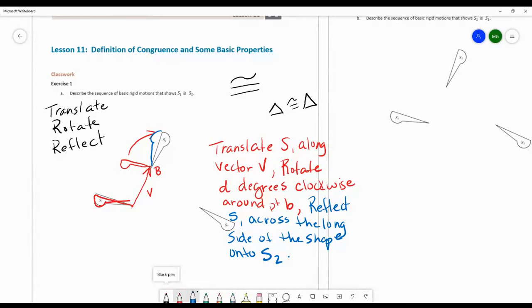And it would be there. And then we showed right now that we took this shape S1, translated it, rotated it, reflected it, and it landed exactly on S2, which means that they are congruent.